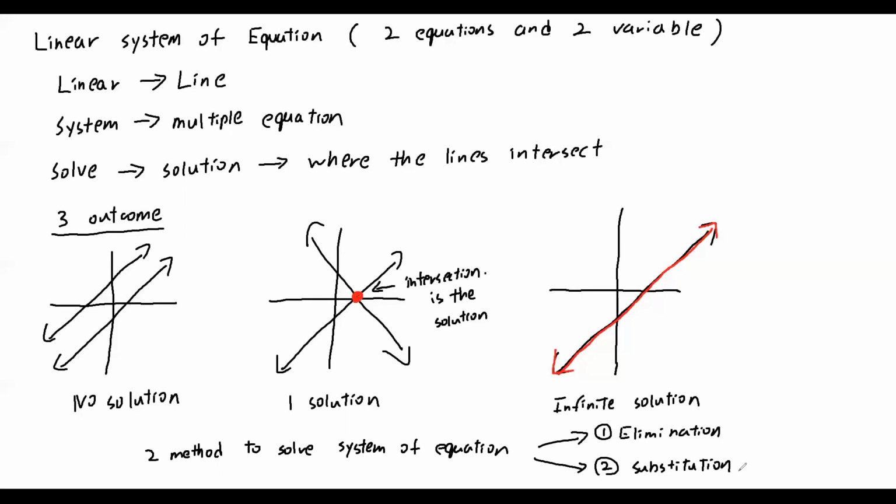The two methods we have for solving are elimination or substitution. For substitution, we have to rearrange one of the equations to y equals or x equals to substitute or plug into the other equation. Then we will eliminate and simplify and get an answer.